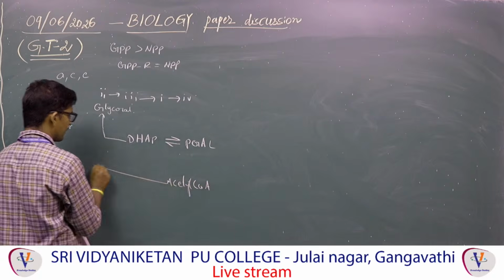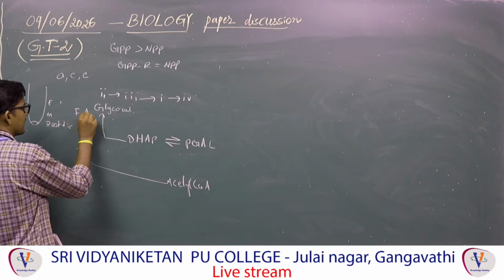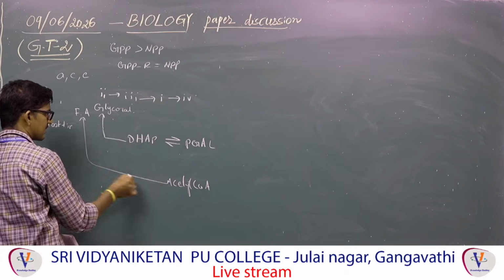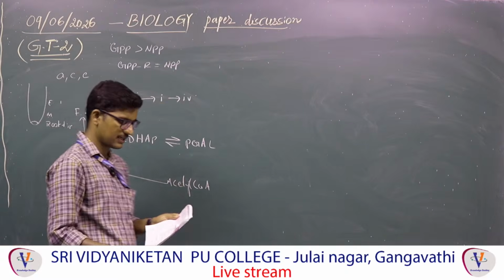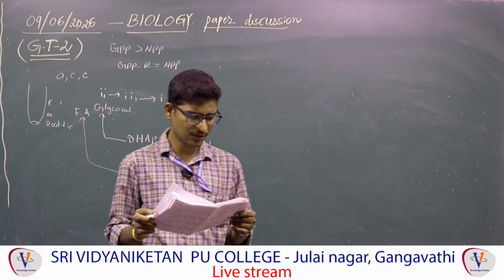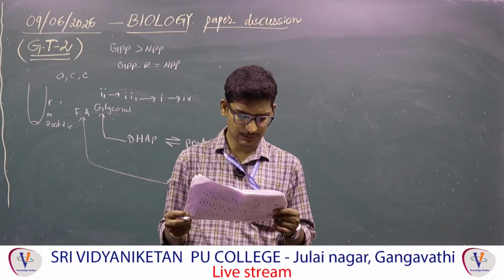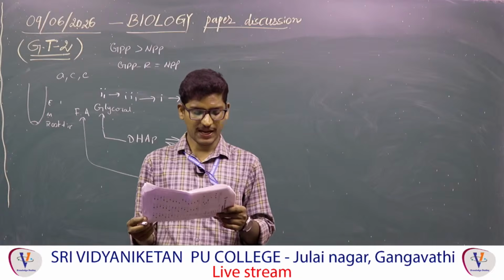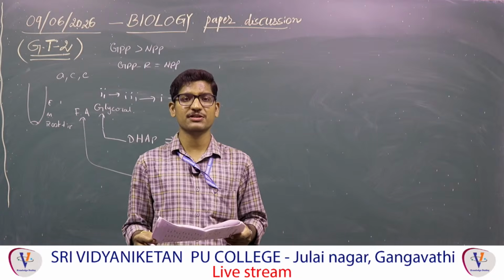Acetyl coenzyme A will be useful for the synthesis of fatty acids. This is a breakdown process, this is going to be construction process, that's why we can consider them as amphibolic pathway. Correct explanation.